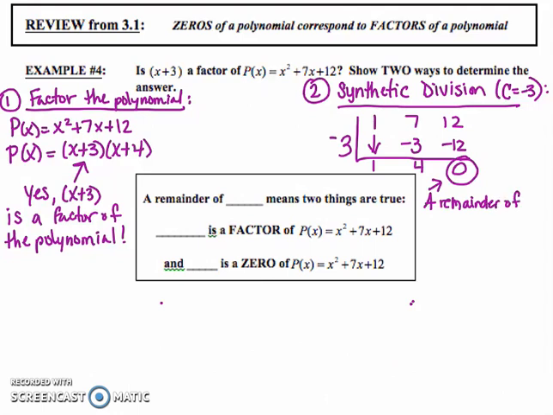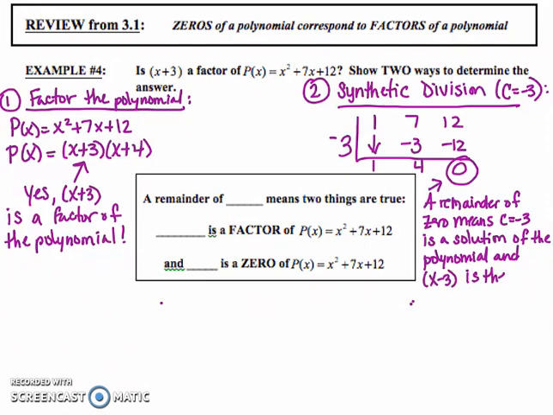A remainder of 0 means c equals negative 3 is a solution of the polynomial, and x plus 3 is the factor it came from.